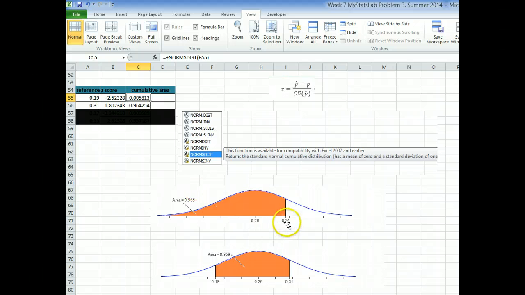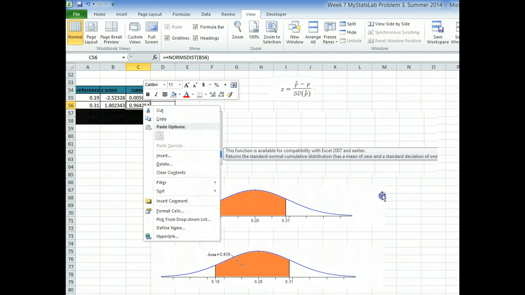Now for 0.31, similarly, I calculated my z-score using this same formula here, and then I calculate my cumulative area, which is using the NORM.S.DIST function. So this pink area is 0.965, which is what I got here.